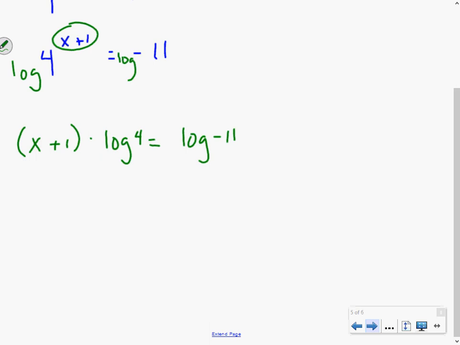Then, if I wanted to solve for x, I could divide both sides by log of 4, and then I need to subtract that 1 from both sides. So my calculation here would be log of negative 11 divided by log of 4, minus 1. That calculation would give me x.